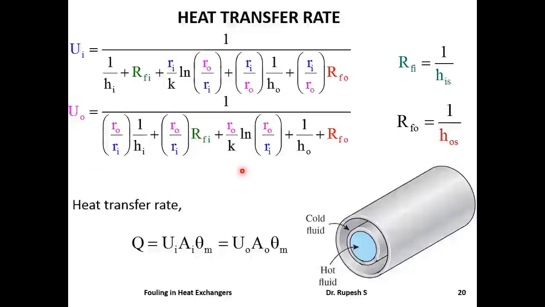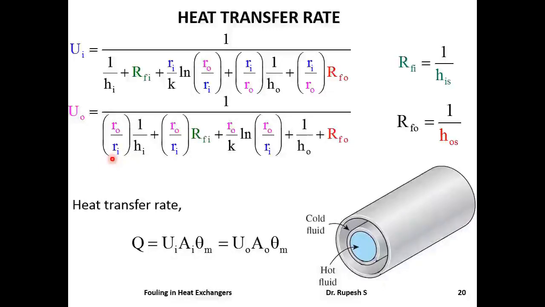Overall heat transfer coefficient Ui and Uo can be represented in terms of fouling factors given by these expressions. And these equations are available in standard heat and mass transfer data books. Fouling factor or fouling resistance represents the resistance offered by fouling in a heat exchanger.